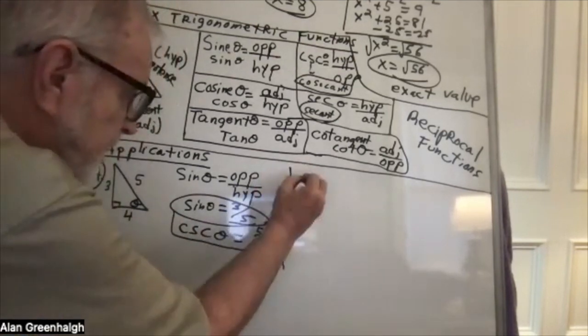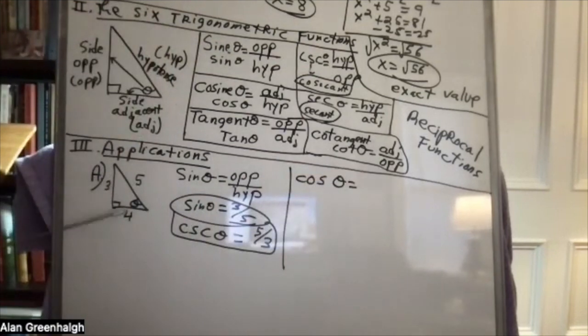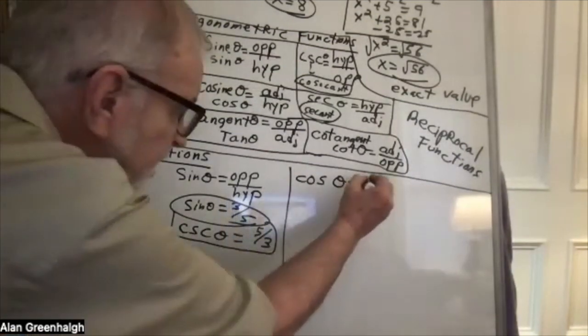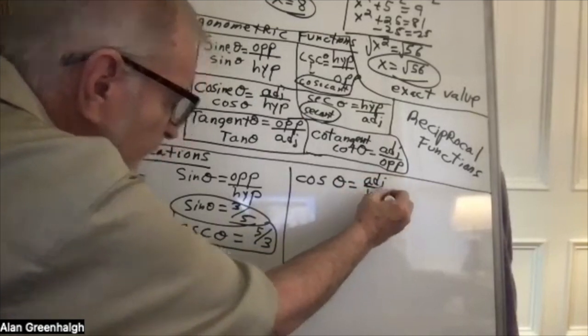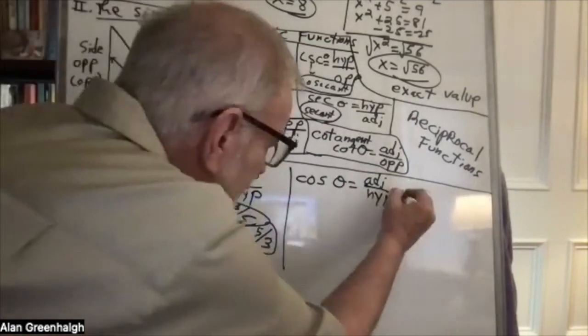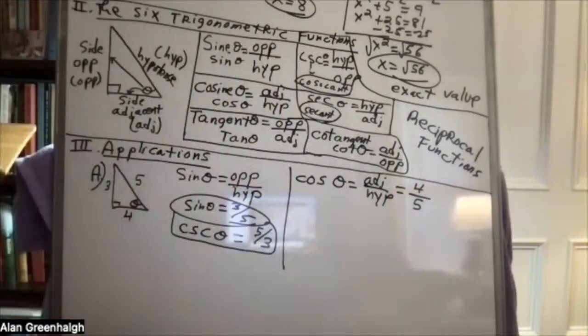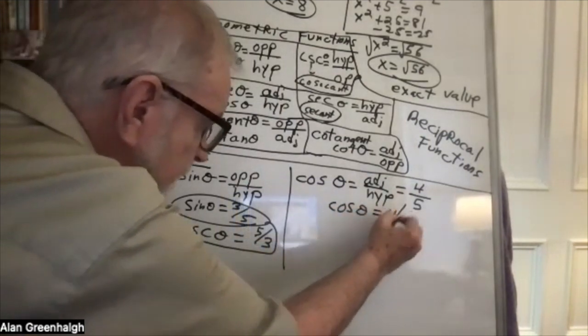For example, if I asked you for the cosine of theta, you would say, well, cosine is adjacent over hypotenuse, 4 over 5, and cosine of theta is 4/5.